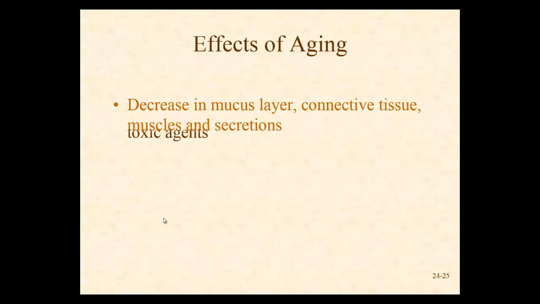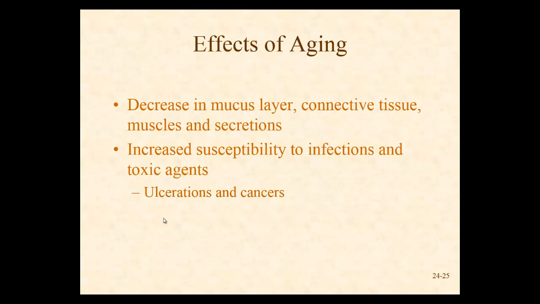So as we age, what we find happening across the digestive tract is we are less efficient in producing mucus throughout the digestive tract. So that puts us at higher risk for ulcers and stomach upset with certain foods. We are less tolerant of spicy foods, less tolerant of raw vegetables and those little bulkier foods.